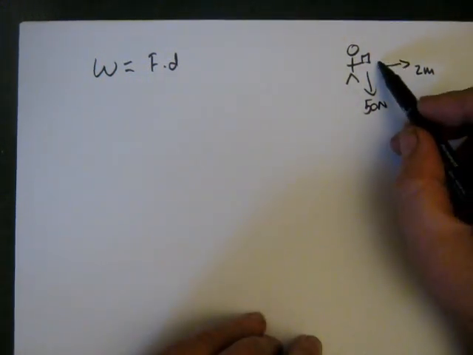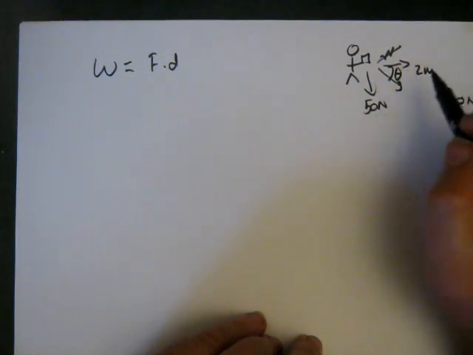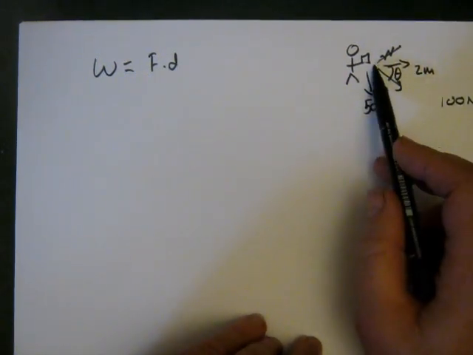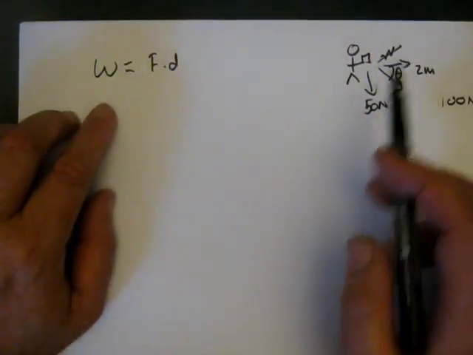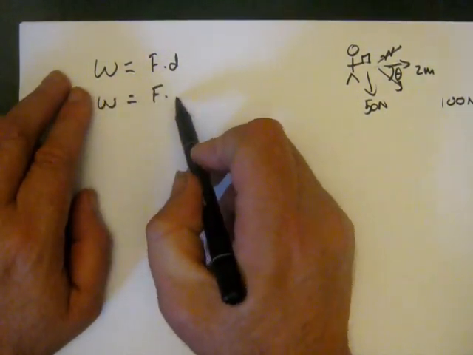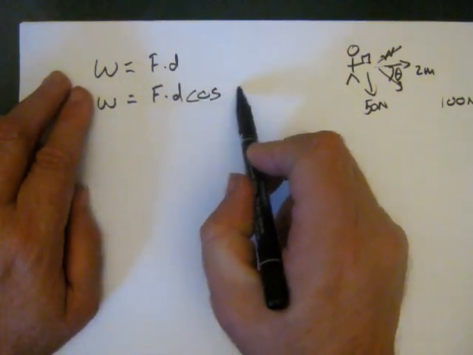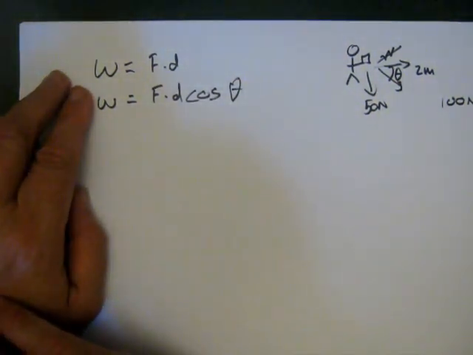But the important thing here is the direction is important. So what we actually have to do is measure the angle theta from the direction of travel. So what we actually end up with is work equals force times distance times cos theta. Isn't that cool?